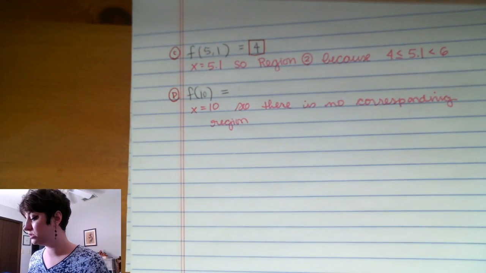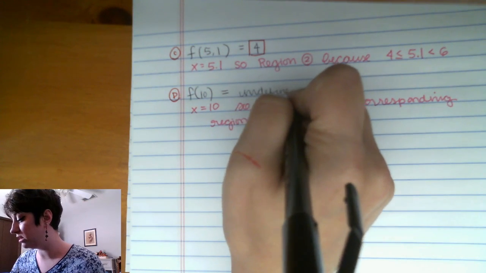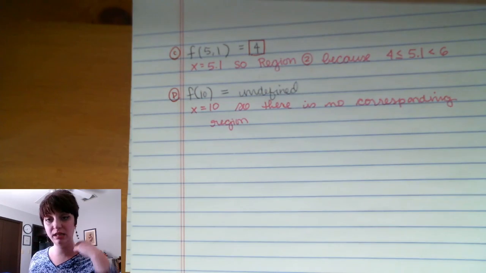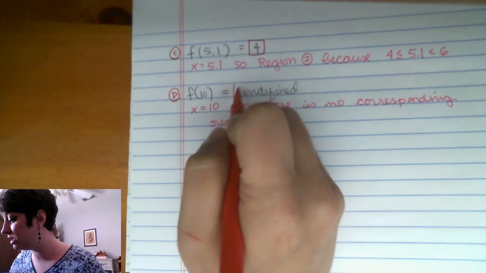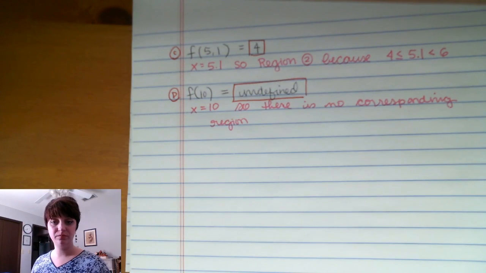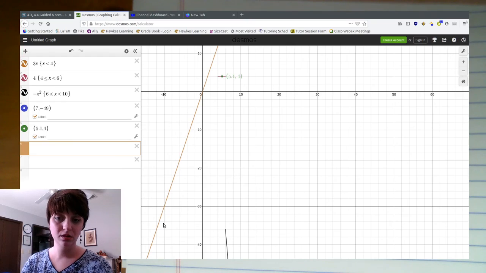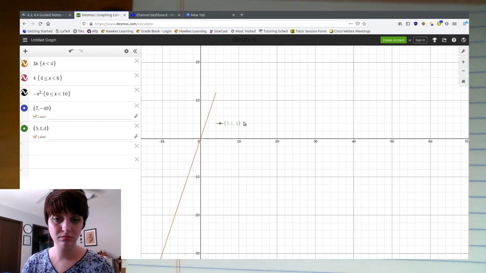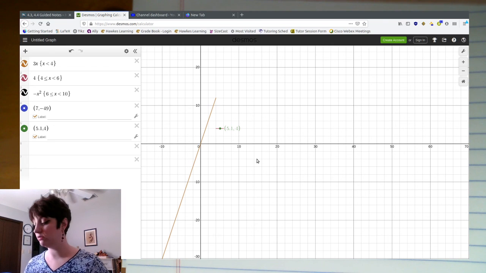All right, so this is undefined. So if I plug in anything 10 or larger, my machine doesn't know what to do with it. So this is undefined, and that would be your answer for it. If you go to your graph, in goes 10, out comes nothing, right? In goes 10, there's nothing on my graph. There's nothing put there.